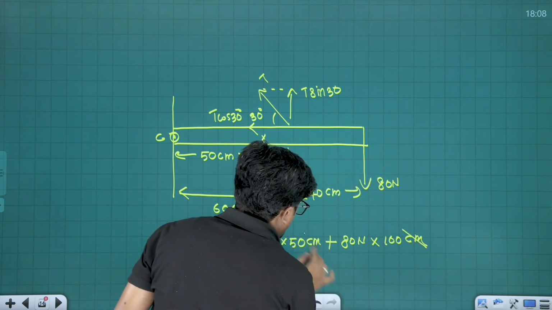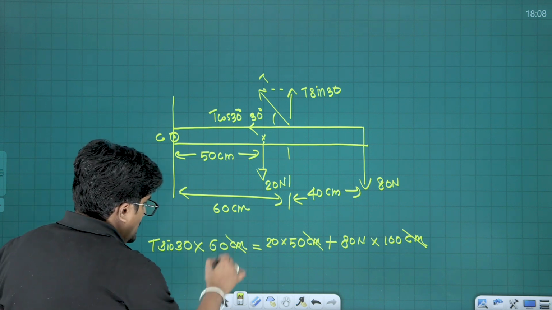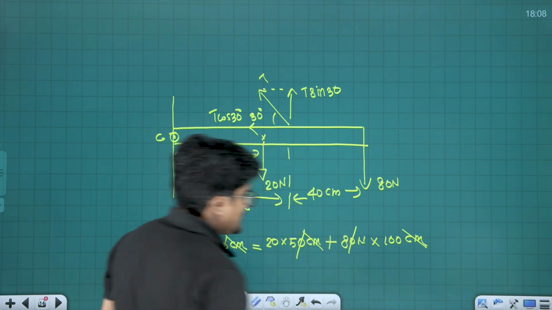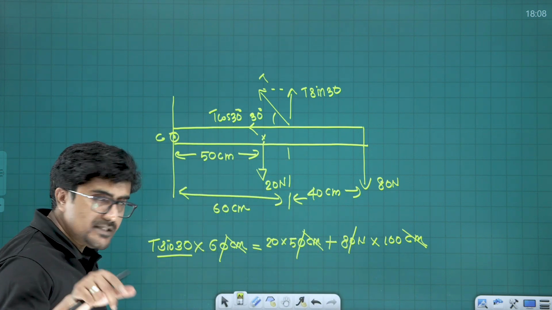So centimeter and centimeter will cancel. And if I try another possibility, I can cancel these zeros. Now here sine 30 is 1 by 2.